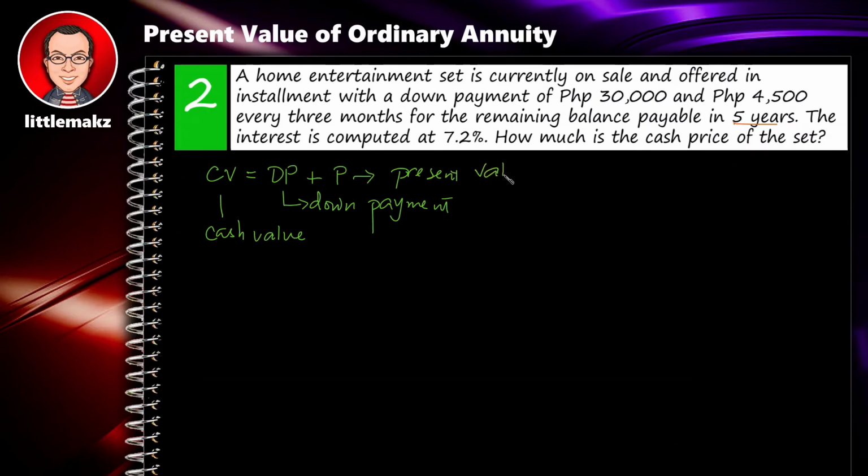Take note that we have to find first for the present value, then to be added to our down payment to get the cash value. And that's what we're going to look for.